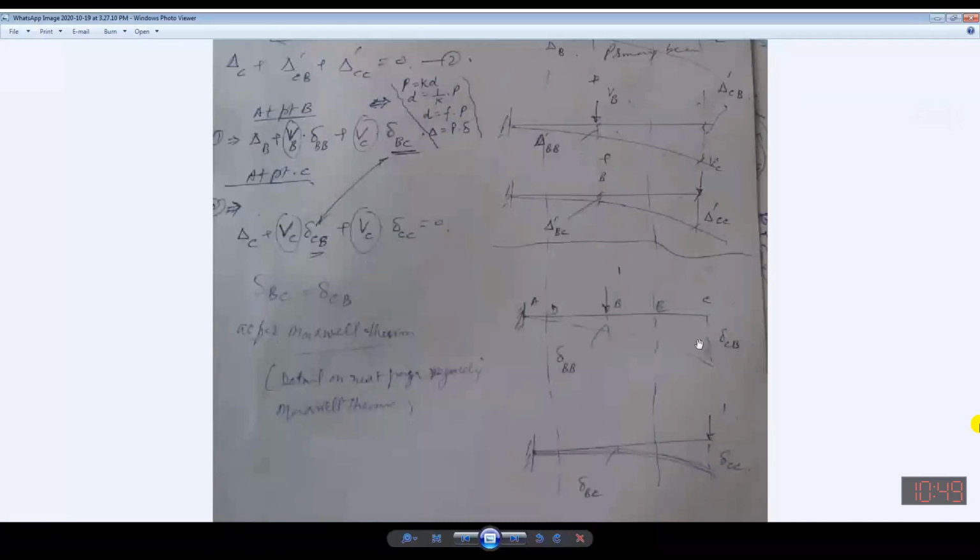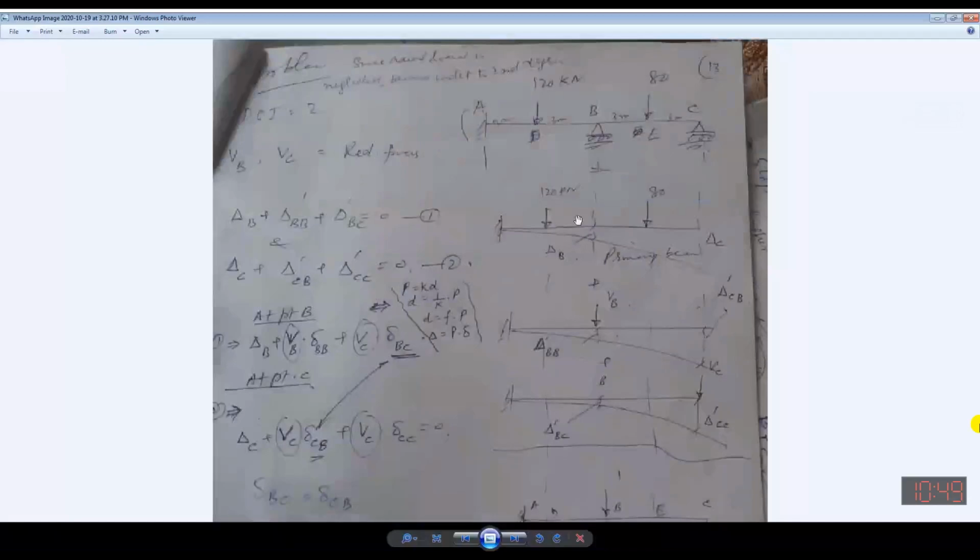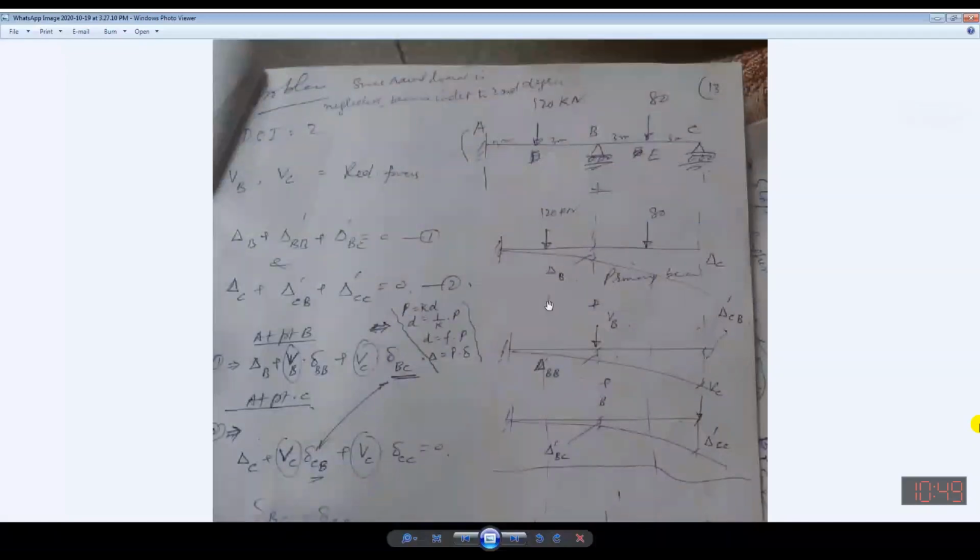Now, I will have to apply the unit load at point B and at point C as well, where I have considered the redundant forces. If I have considered the moment, then I will have to consider the rotation.